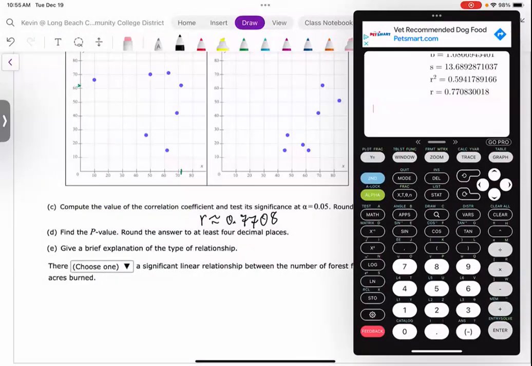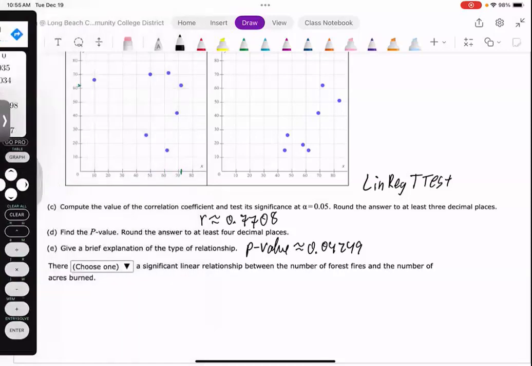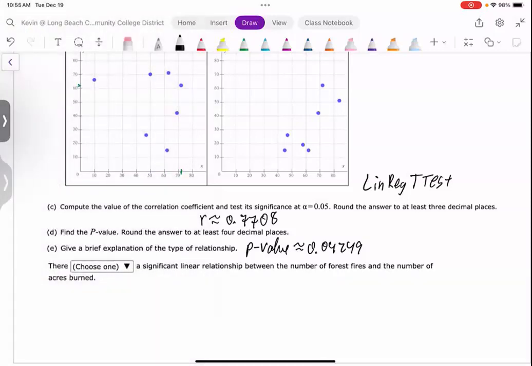And they want us to give a p-value. Now, it very nicely gives us the p-value right there. That's 0.04249. And our alpha is given as the 0.05 that is right here.